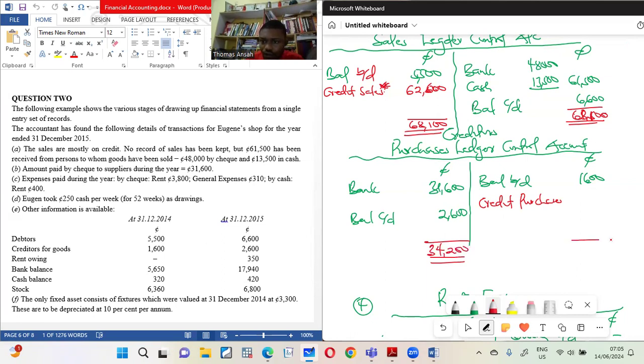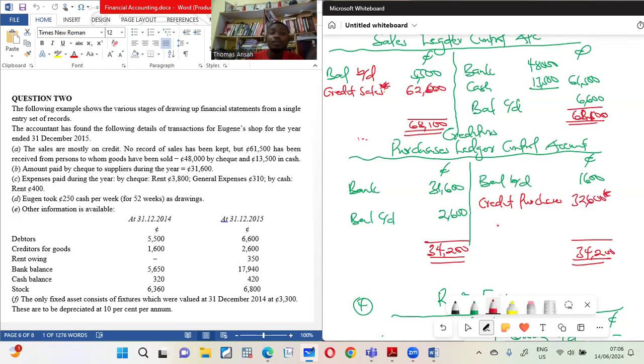So that is what we have. Don't forget, all these carry downs are also brought down here. All right. So if I take the 1,600 out, what do I have? I am having 32,600. So that will form my purchases.